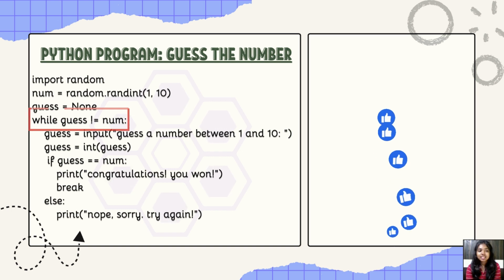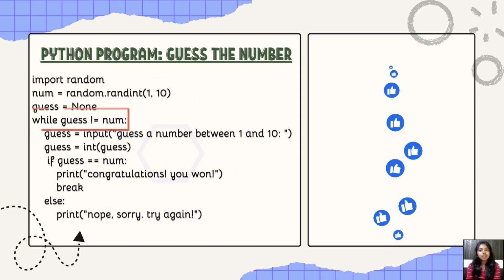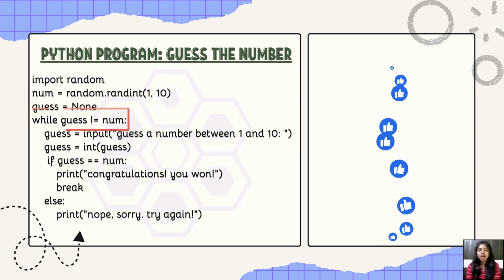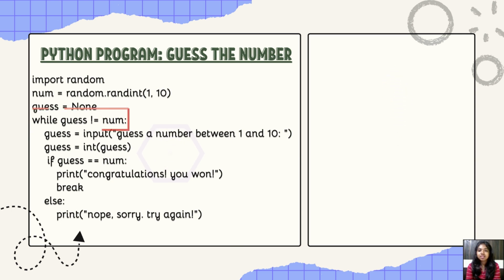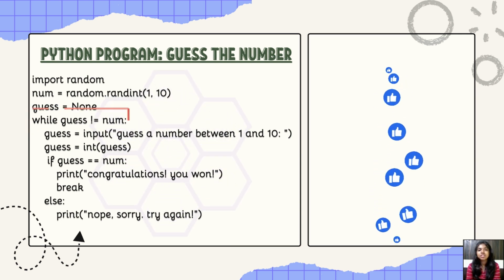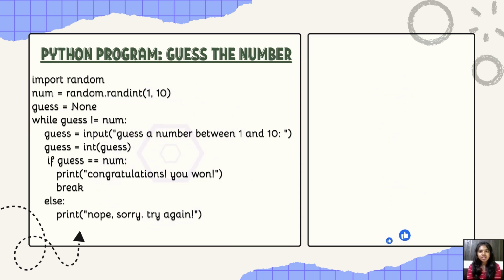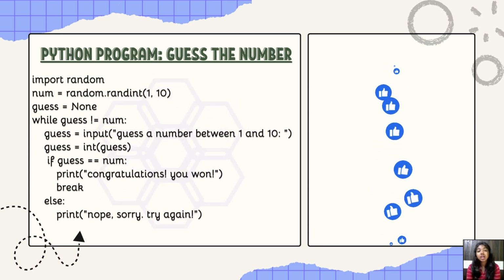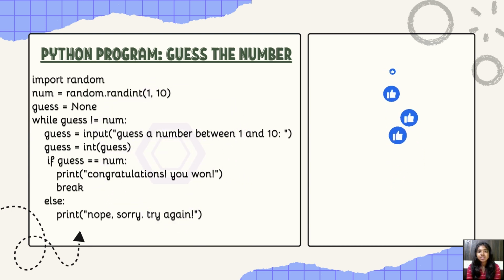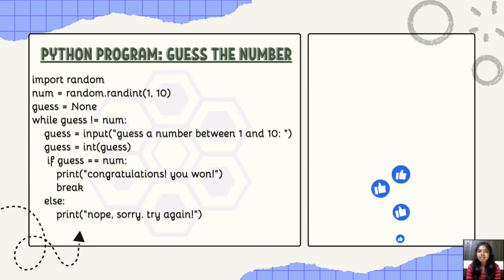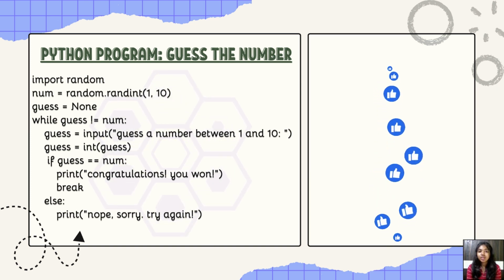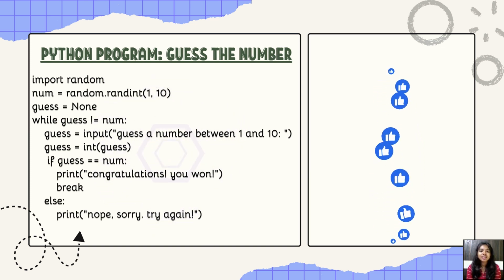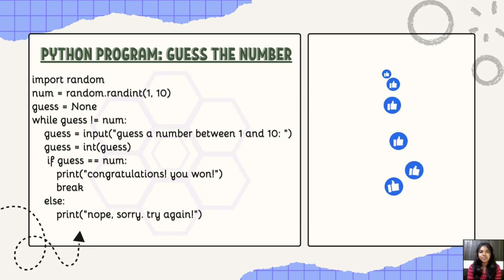Then this line starts a while loop that will continue running as long as the user's guess is not equal to the randomly generated number. The user is then asked to input a number between 1 and 10, including 1 and 10, which is stored as a string in the variable guess. The int function converts the user input from a string data type to an integer type.